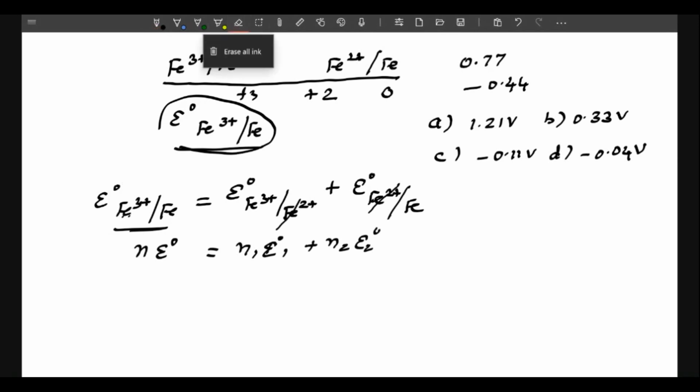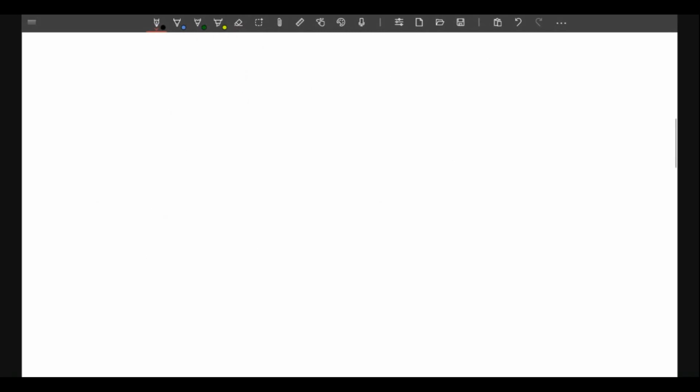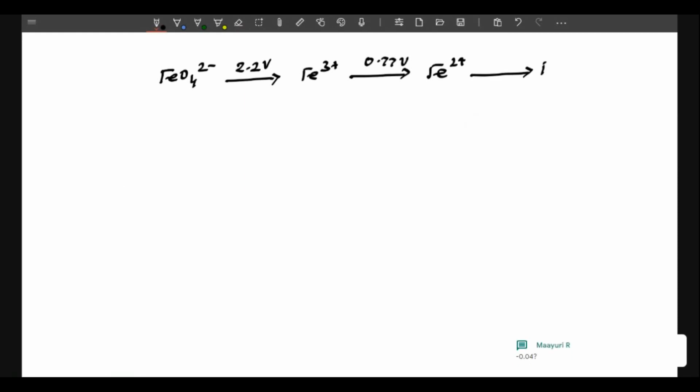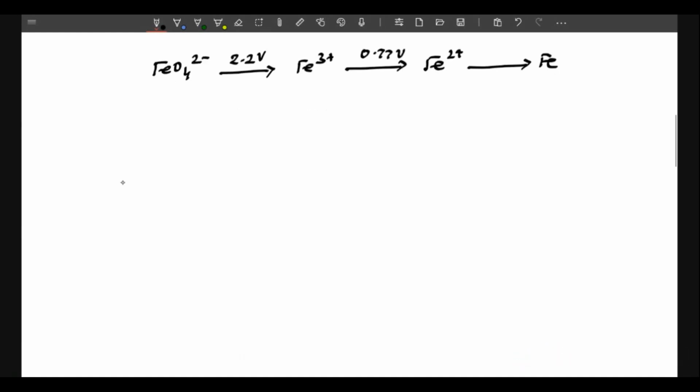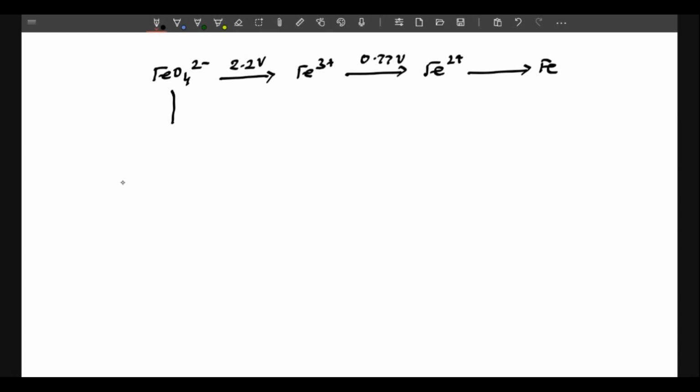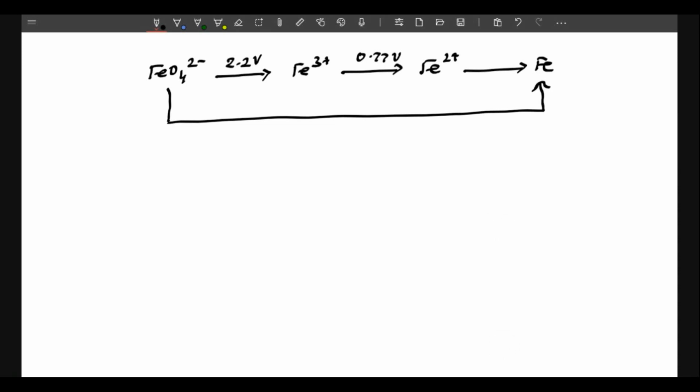Next type of problem, take down the next type of problem. Given the Latimer EMF diagram: 2.2 volt, Fe3 plus, giving 0.77 volt, iron 2 plus, giving iron, and this is, what is it?